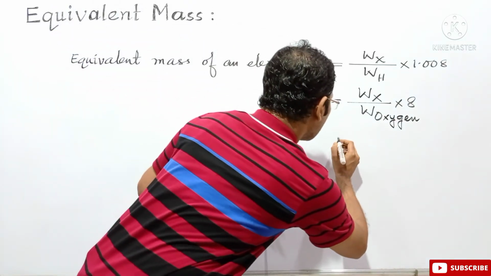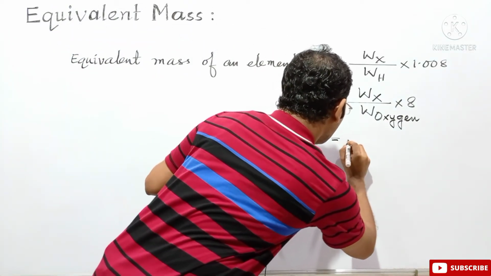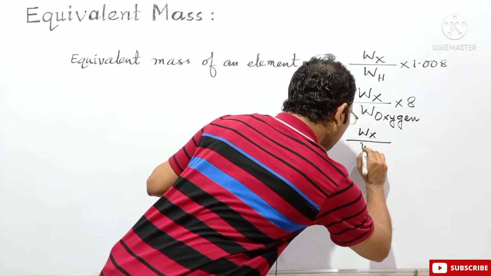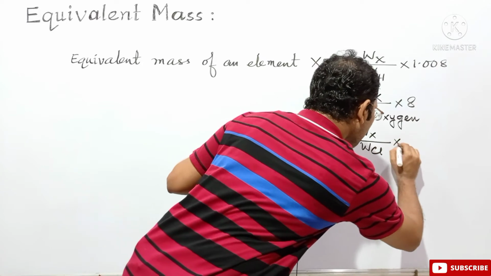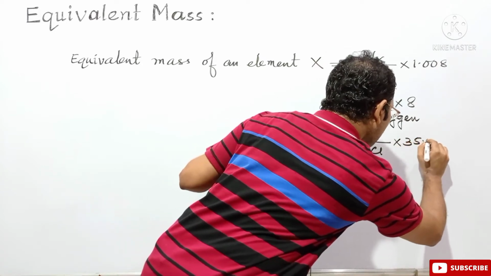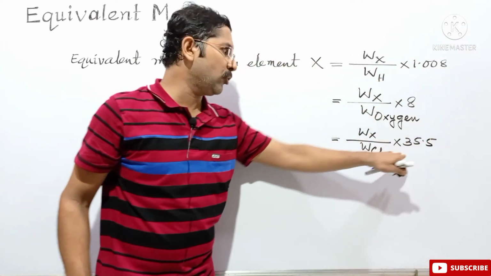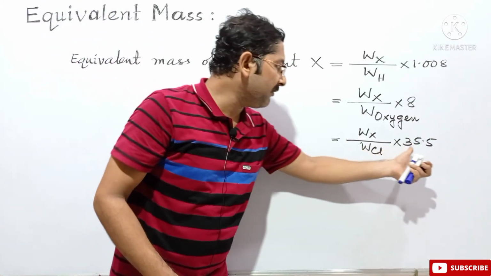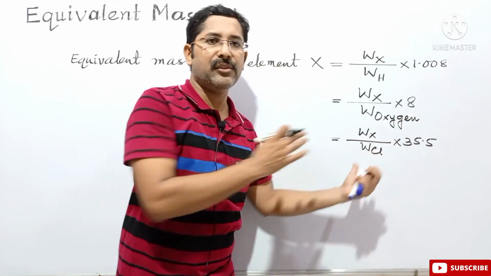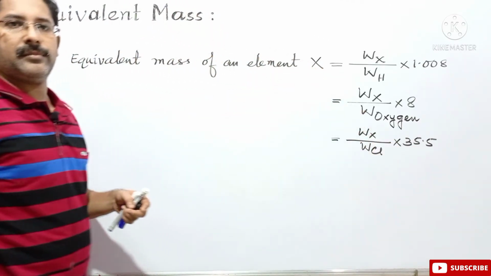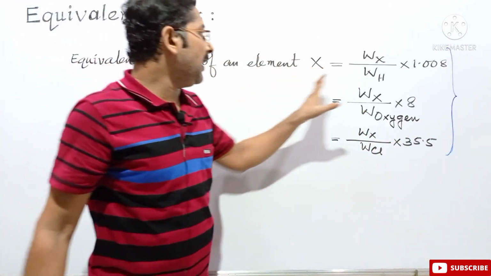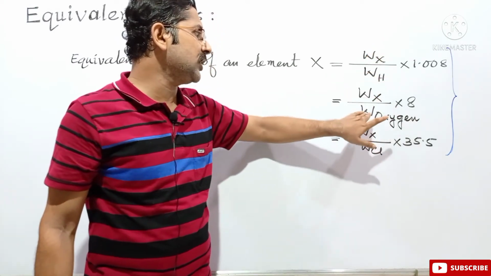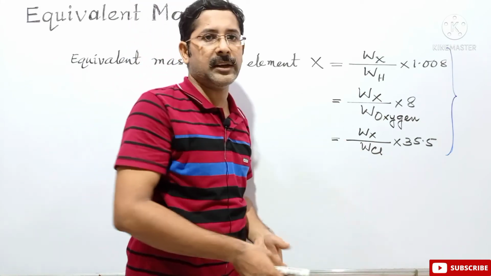Similarly, in the chlorine scale we can write the mass of the element X divided by the mass of chlorine into 35.5. This 35.5 is the equivalent mass of chlorine. So the mass of the element which combines with 35.5 parts of chlorine is known as the equivalent mass of the element. Okay. So we can apply these formulae when the mass of the element and the mass of hydrogen, oxygen or chlorine have been given.